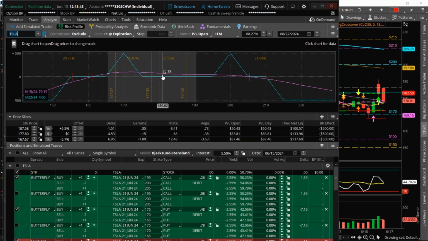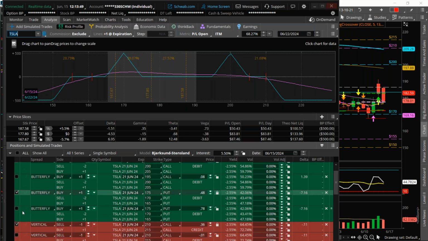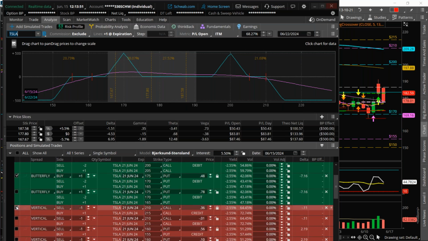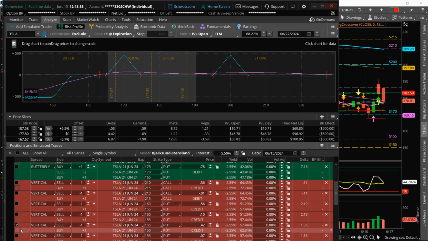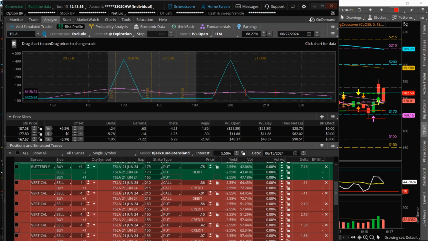We're still going to make money. We make $4. Now, if we hadn't done that, we would just have the two butterflies on, and right here we'd be down. Potentially, we could lose $74. If it goes out at 200, you make close to 420.